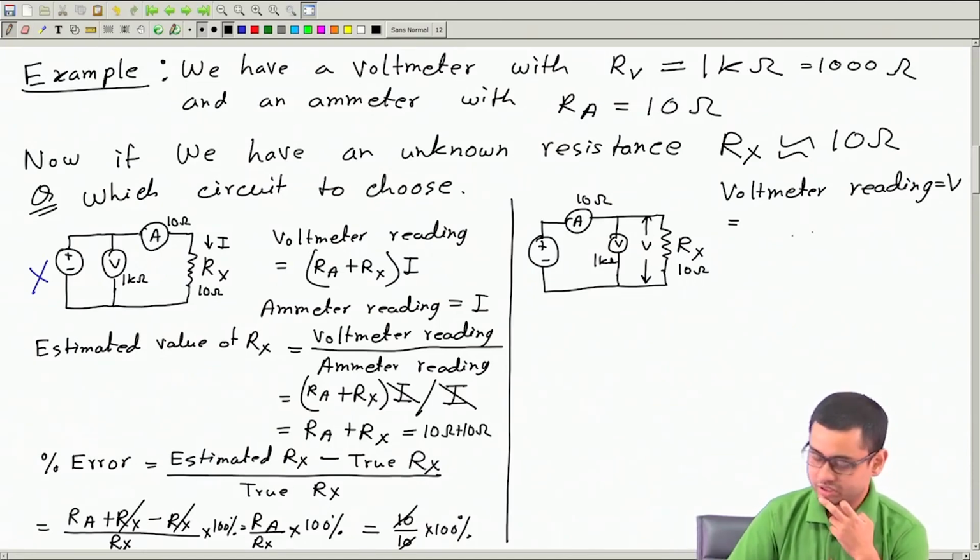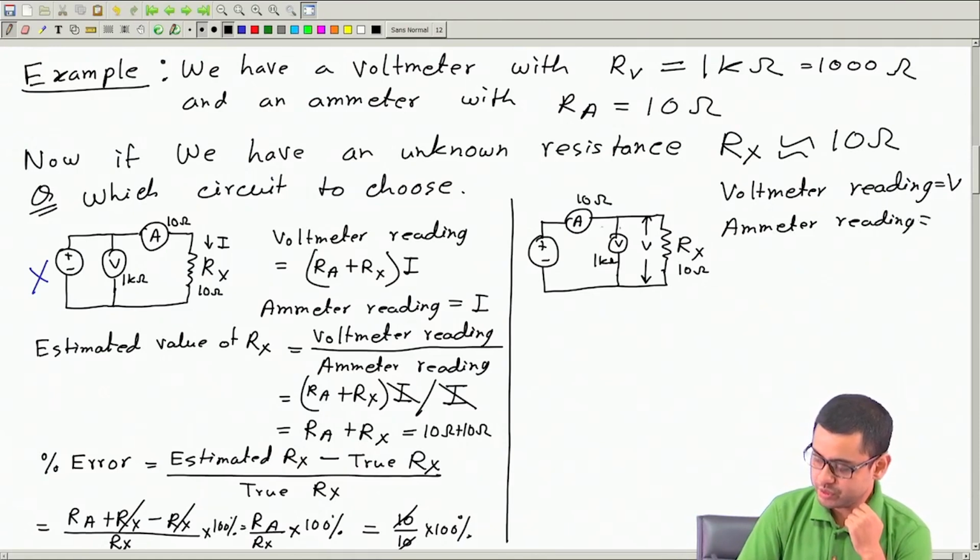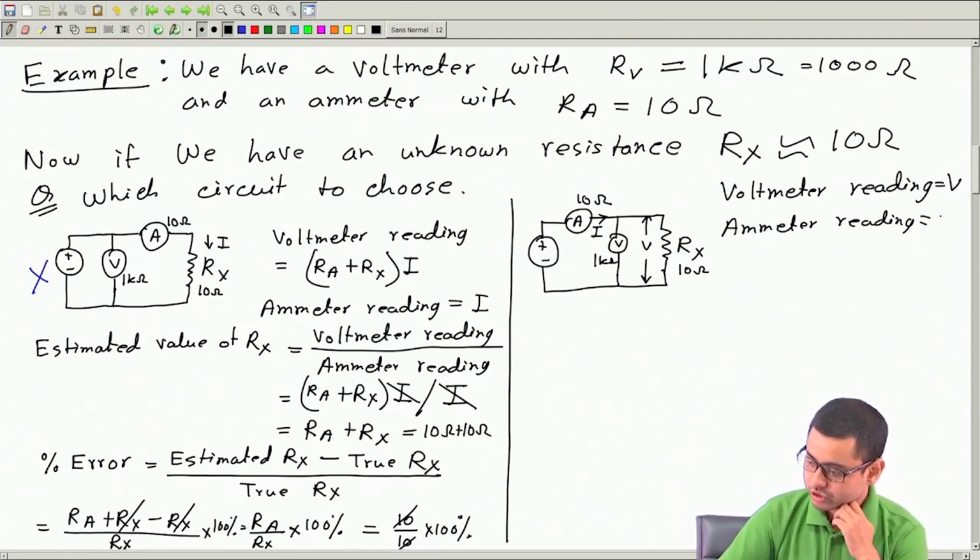And what will be the ammeter reading? This will be the same as the current that flows here through the ammeter, call it I. Whatever this current is. And what will be the value of this current I? This I will be the same as this current, call it IV, the voltmeter current.